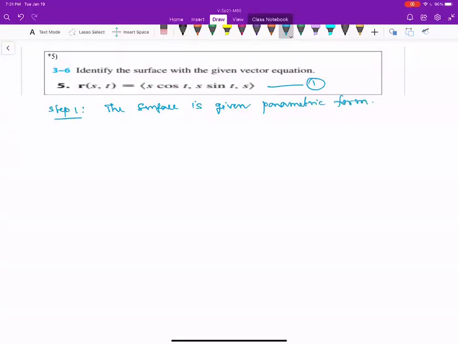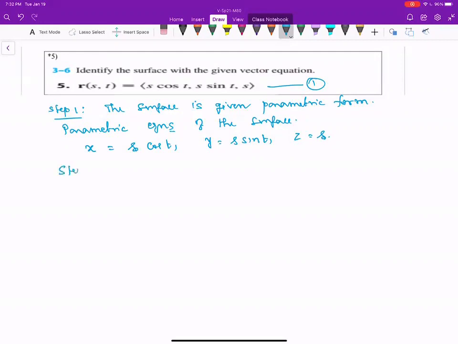The parameters used are s and t. Now, if we write the parametric equations of the surface, we can write x, y, z separately. X is the first component, s cosine t. Y is the second component, s sine t. And then z is the third component, s.